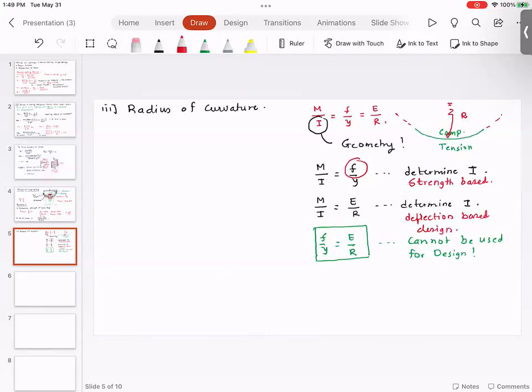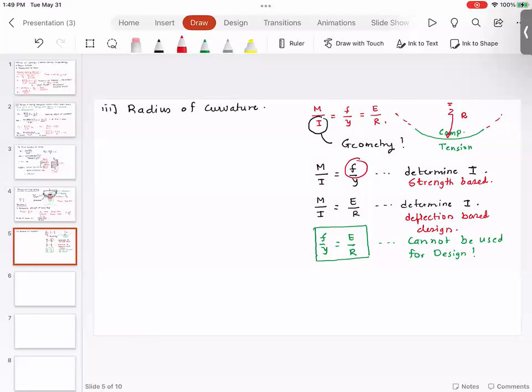Now, some of you may ask me which approach to follow. And the idea is you follow any approach, but you need to make sure that your design is safe from the strength point of view and your design is safe from the deflection point of view.